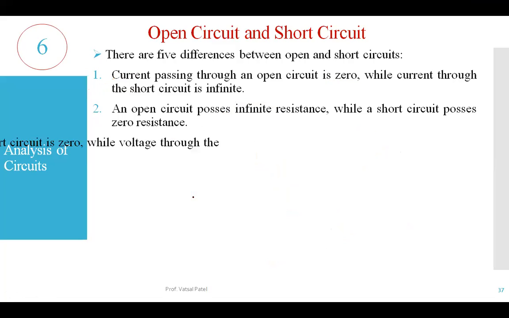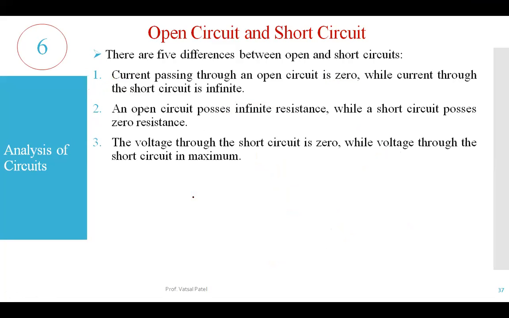The third point: the voltage across the short circuit is equal to 0. The voltage across the open circuit, this is not short circuit, this is open circuit, that will be the maximum.